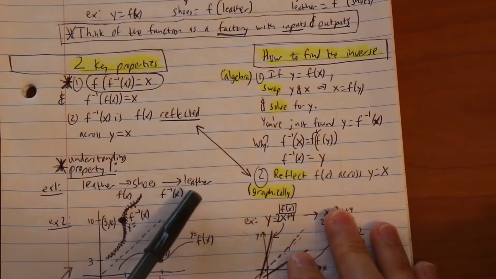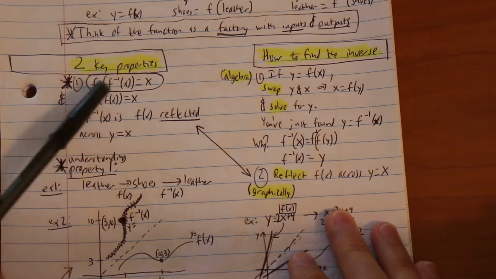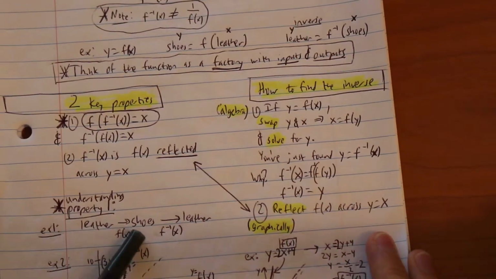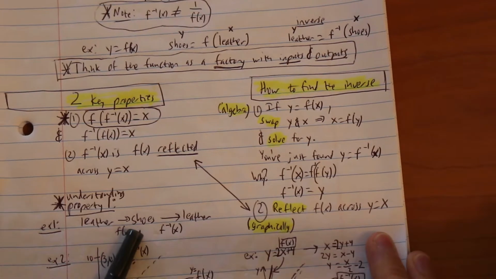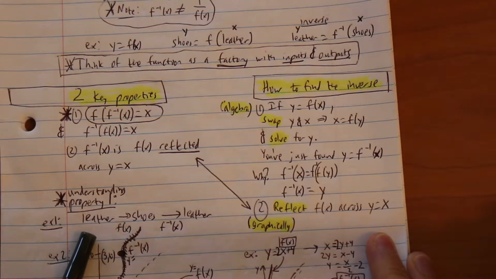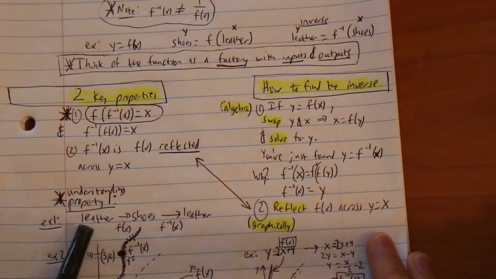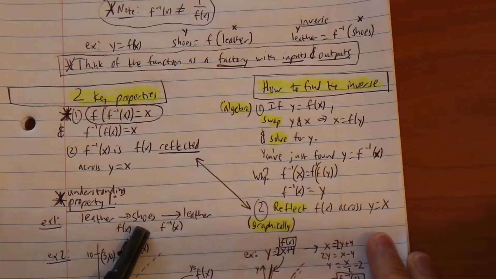The inverse factory is going backwards, so we're starting with shoes. If I start with shoes and go to the inverse factory, I produce leather. Now, if I put leather into my original factory, I produce shoes. So we started with shoes, we ended with shoes.